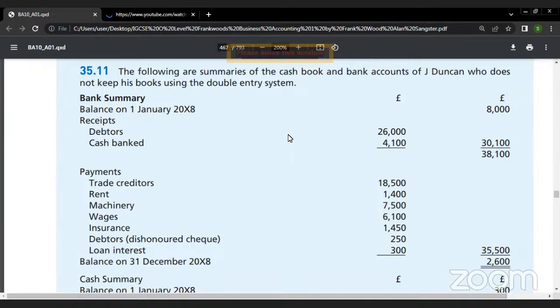Now, in today's revision class, we are going to look at single entry and incomplete records. I have a revision question here, which I'm going to use. This question is from Business Accounting 1 by Frank Wood.